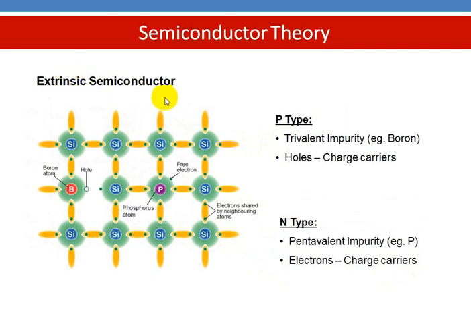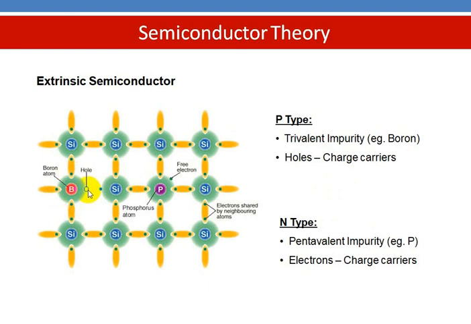Coming to the extrinsic semiconductor, to increase the conductivity of the semiconductor, we have to add a dopant, either a trivalent impurity or a pentavalent impurity. If you add a trivalent impurity like boron, which has only 3 electrons in the outermost shell, these 3 electrons will be paired with the electrons in the neighboring silicon, and one hole will be left.